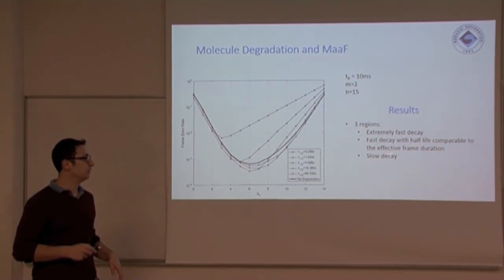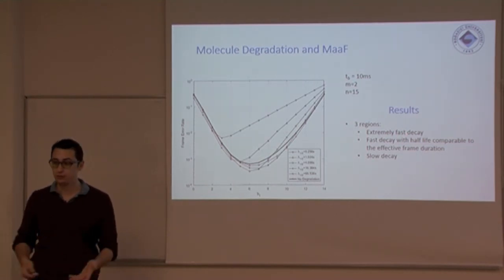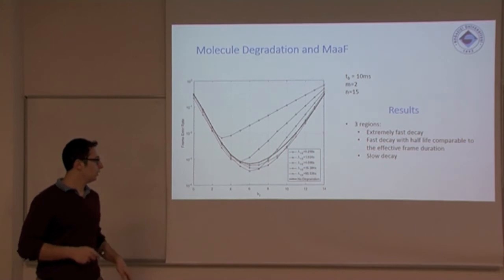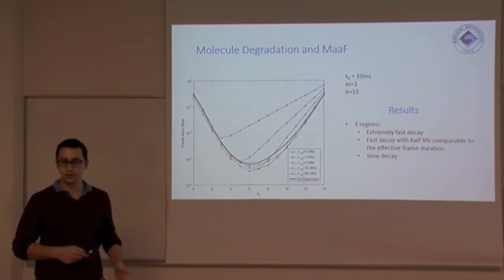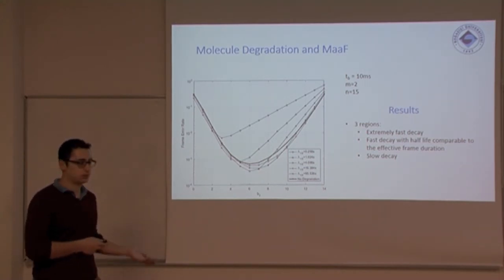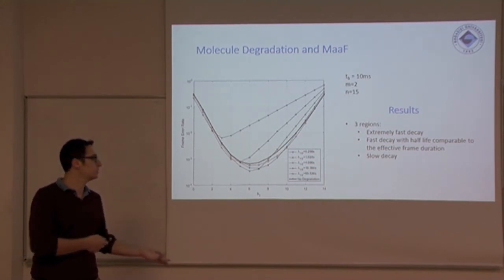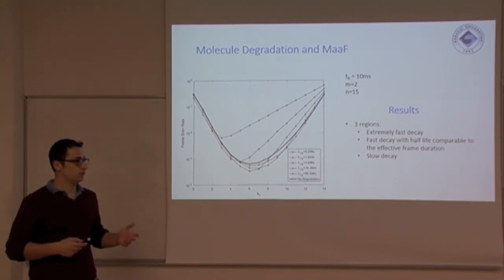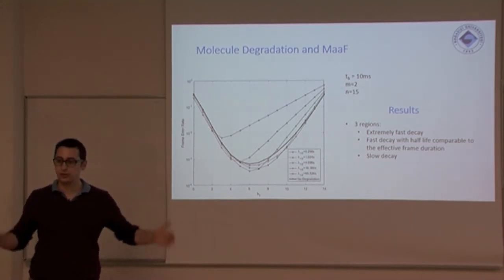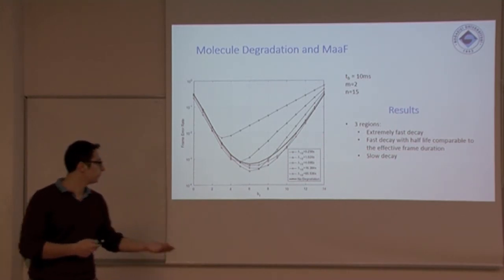Second, fast decay with a half-life comparable to the effective frame duration we're working with. And third, slow decay, which implies the half-life is much larger than the effective frame duration.